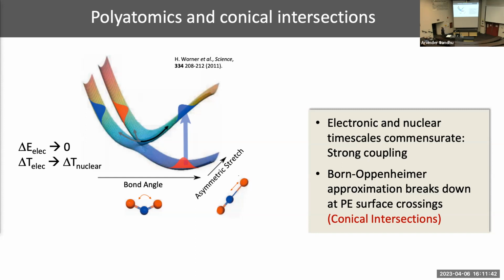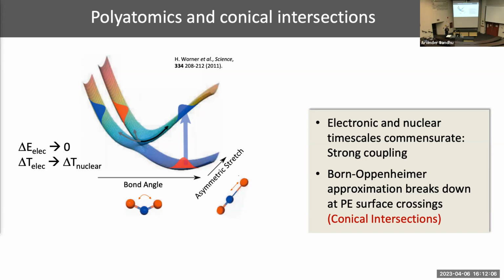The reason is that your energy gap becomes very small. So the electronic timescales become long because delta E is becoming smaller. The electronic transition timescales become comparable to the nuclear motion timescale. So you can no longer say electrons are fast and nuclei are slow.